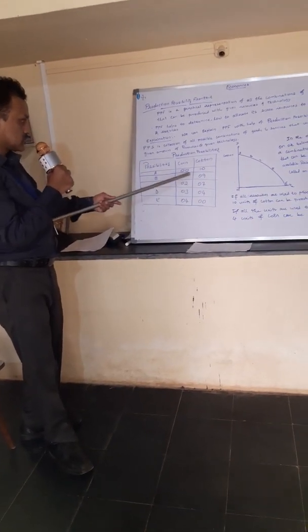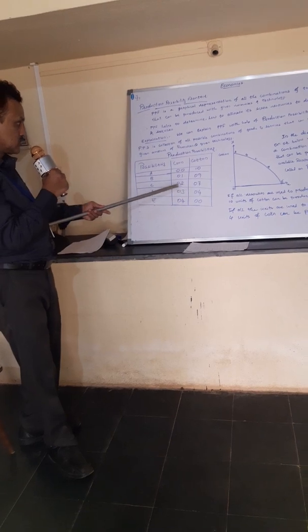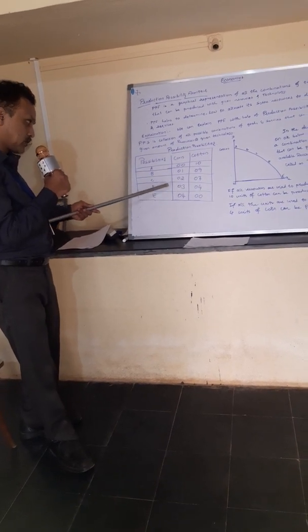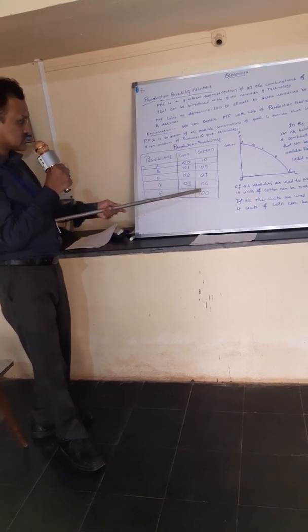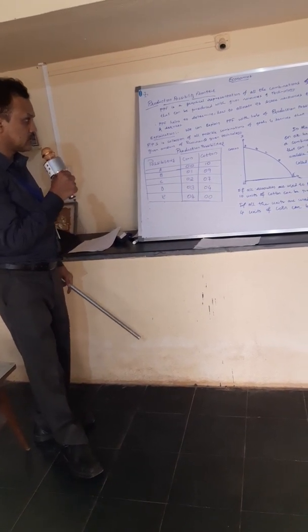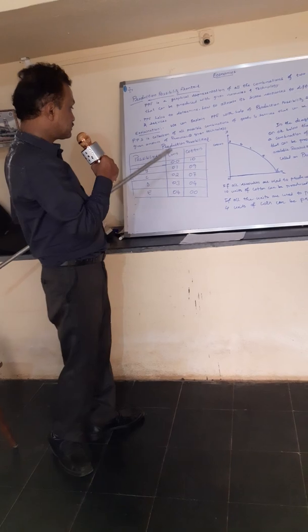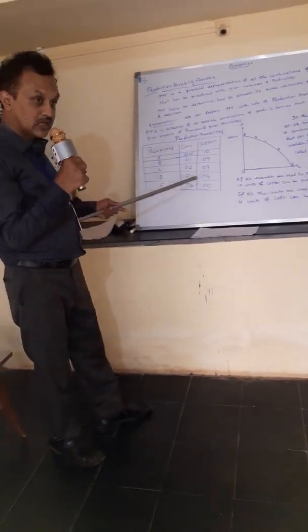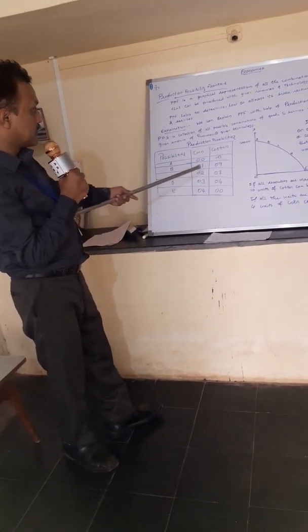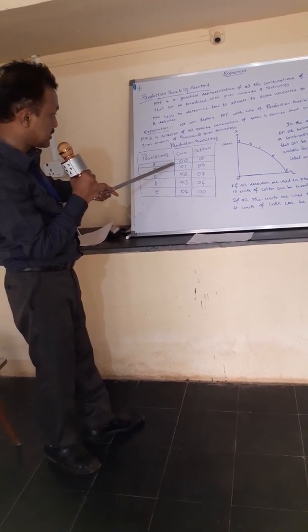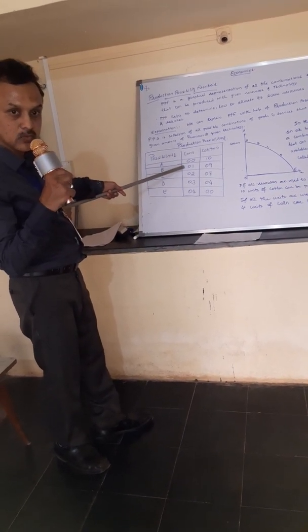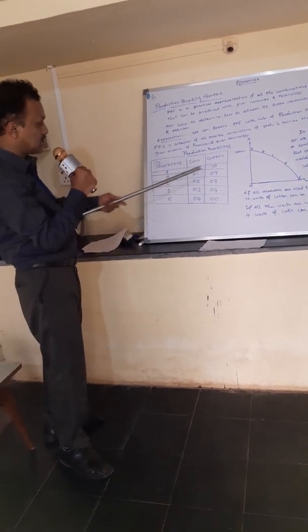Then 7 units of cotton, 2 units of corn; 4 units of cotton, 3 units of corn; and when the resources are completely used to produce only corn, the country has nothing left for cotton. It means whenever we increase the production of one commodity, we have to decrease the production of the other commodity. The same table can be represented with the help of a diagram.